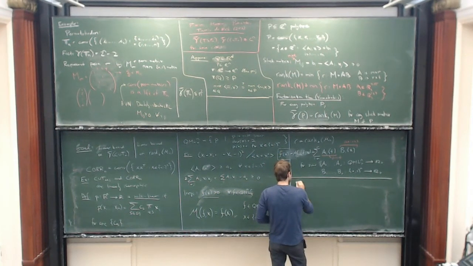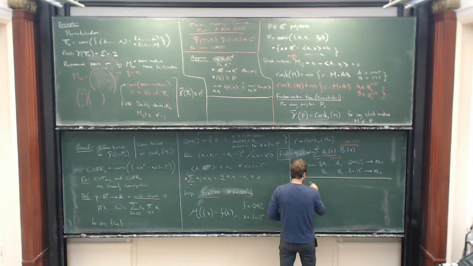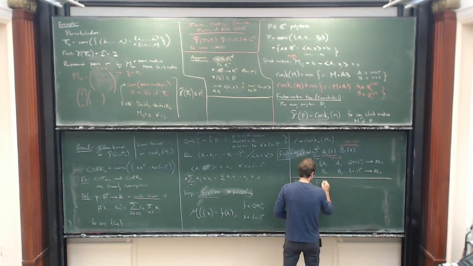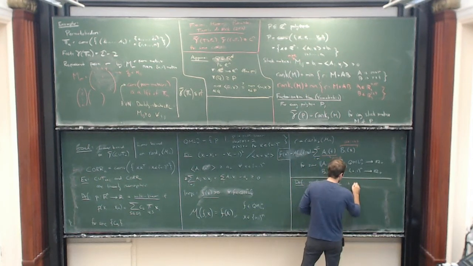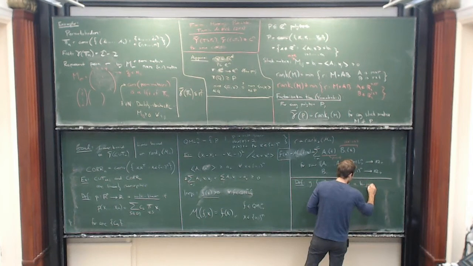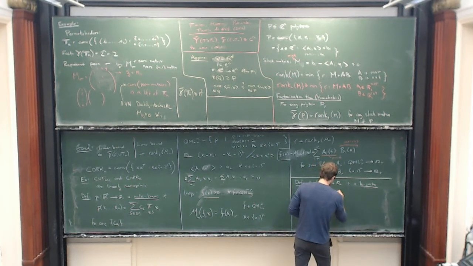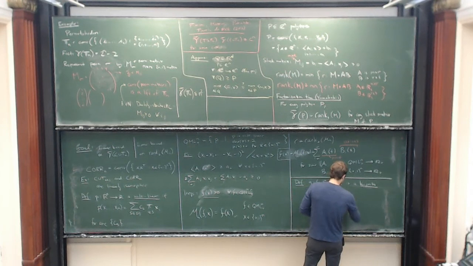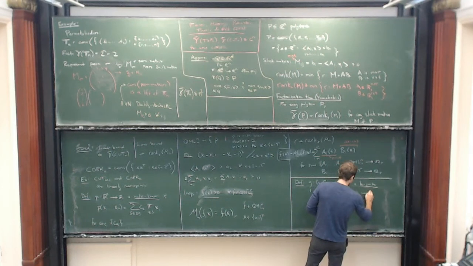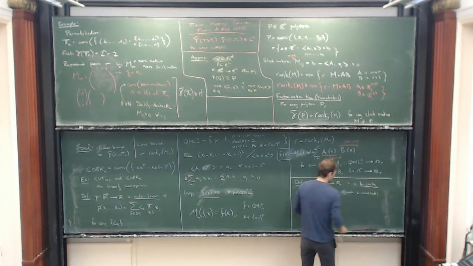Okay, so let's make a definition: a real-valued function g on the hypercube is a k-junta if the value of g depends only on at most k coordinates.